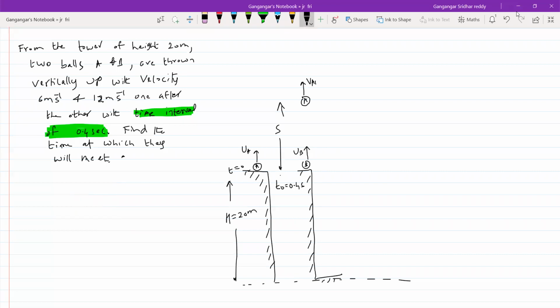Okay, so let's calculate S because that S is needed for us in the calculation. So how to calculate S? S is UA into t naught minus g t naught square by 2.